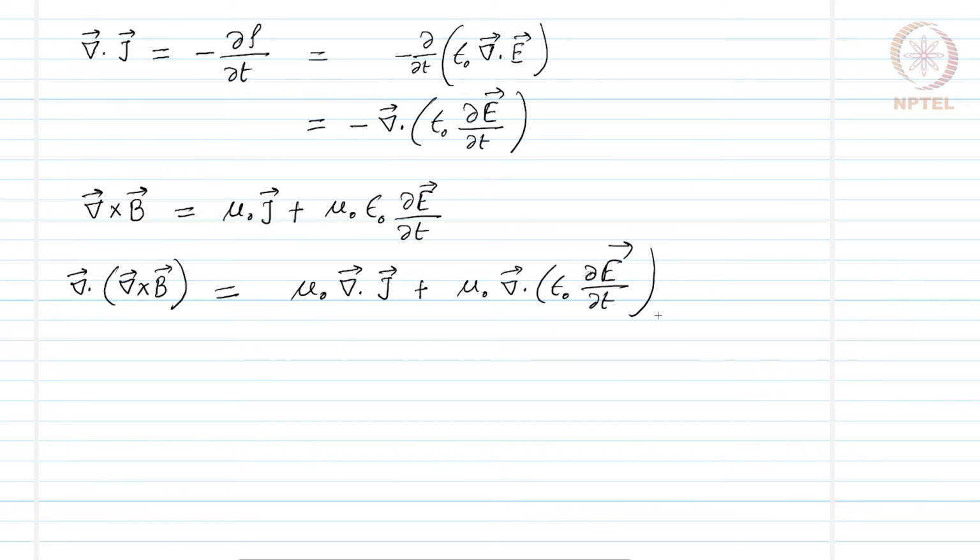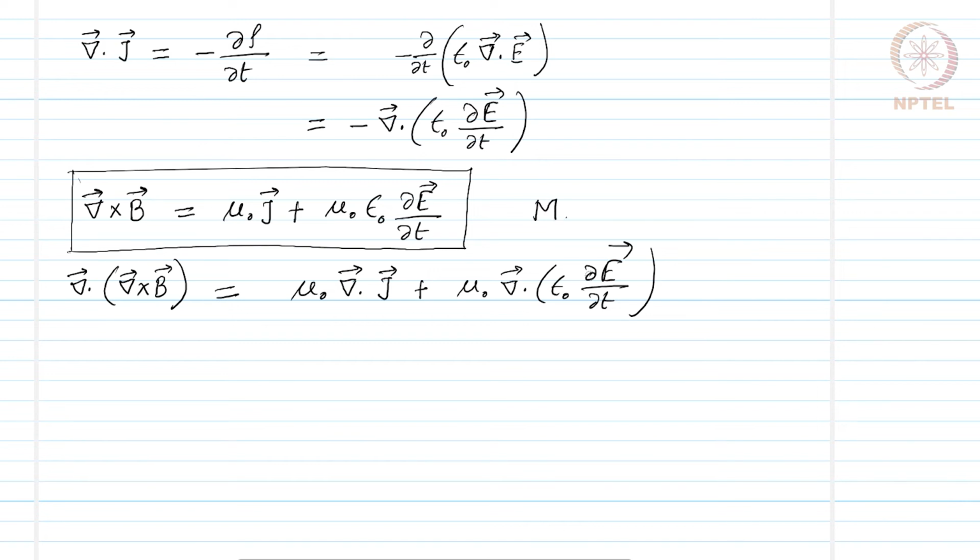Now, this equation is consistent with every physical principle, and this was due to Maxwell. This is the way Maxwell fixed this inconsistency. So, this term here represents a current density. We can write that as J_D, called the displacement current, equals epsilon naught del E del t.